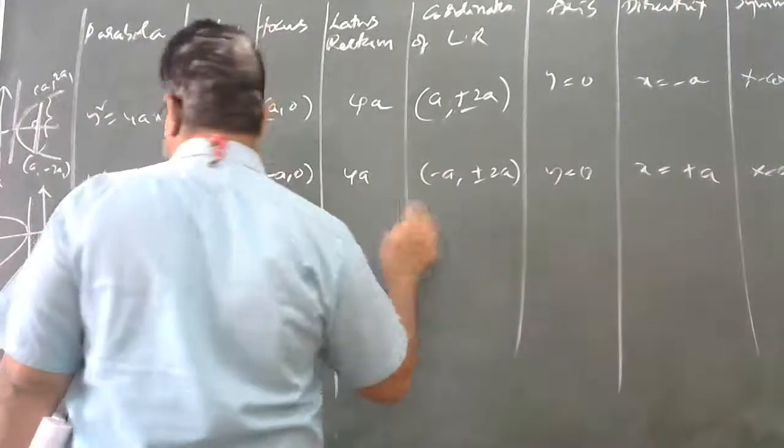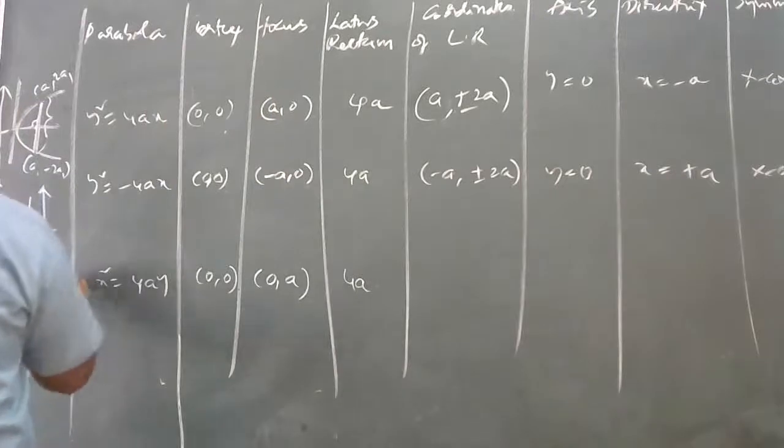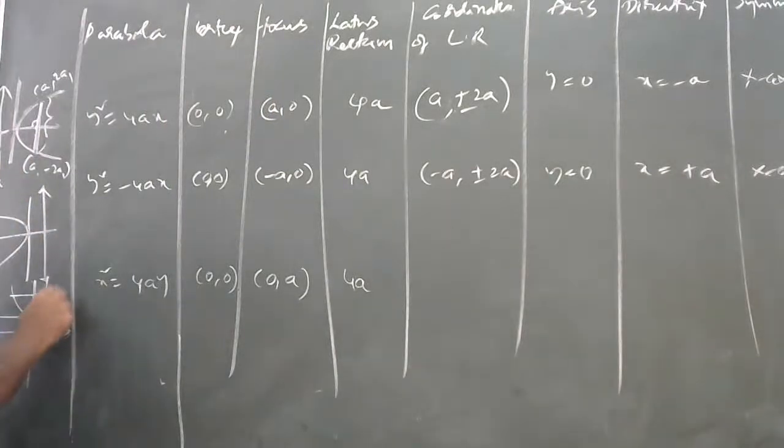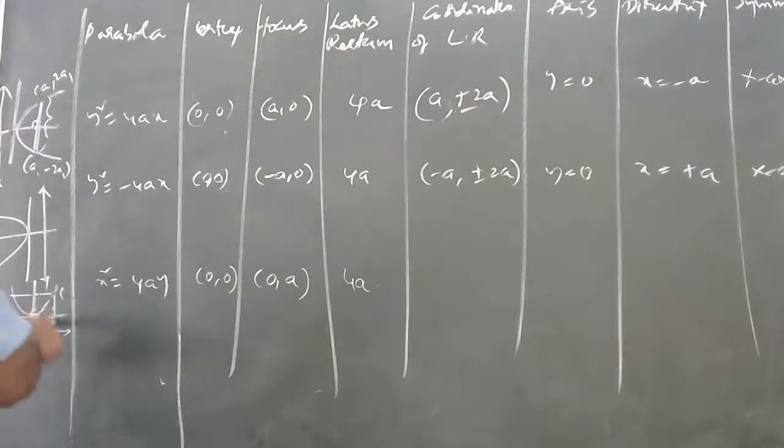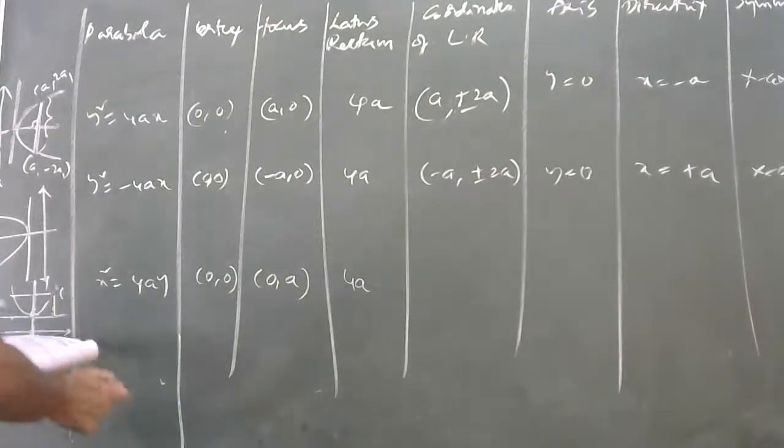Coordinates of the latus rectum are (plus or minus 2a, a), where x will be negative on the left side.